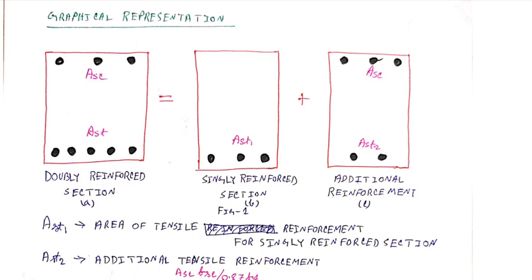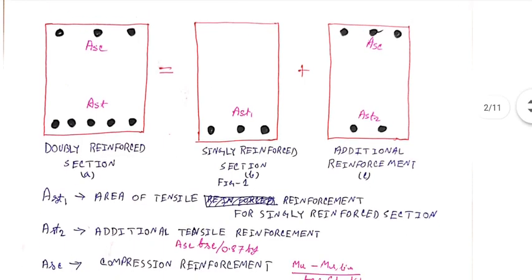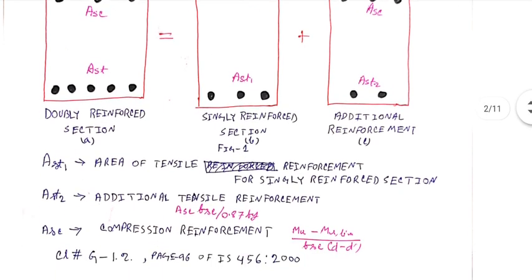Area of compression reinforcement is denoted by Asc, and total area of tensile reinforcement is denoted by Ast. Now, for Ast2 and Asc, the formulas are given in Annex G of IS 456-2000.